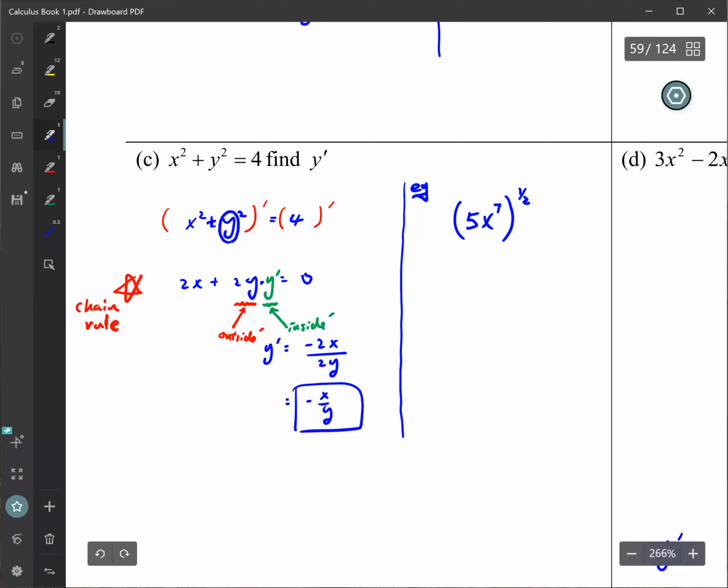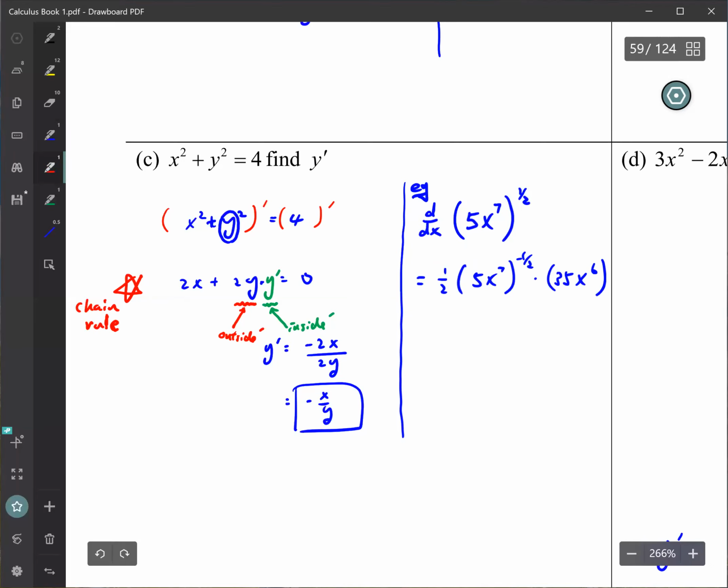Okay, how do you prime this one? If I want to take the derivative of this function, what would you do? I would do half bracket 5x to the power 7, to the power of negative half, multiplied by 35x to the power of 6. Yes, that's it, right?